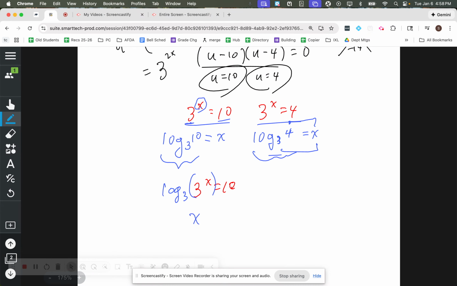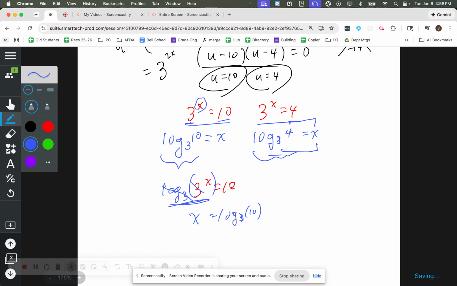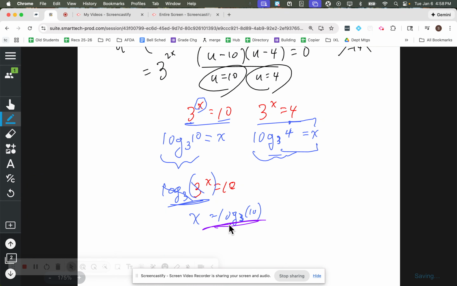So that becomes x. In a sense, log of this base and that base, you can say they cancel out. But if you've taken the log of this side, you've got to take the log of this side as well. Log base 3 of 10. And you can see that this is equivalent to this.